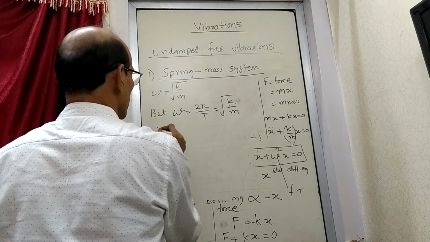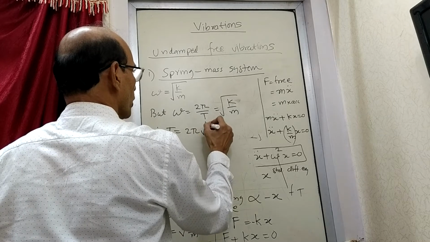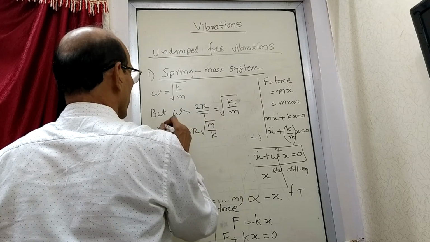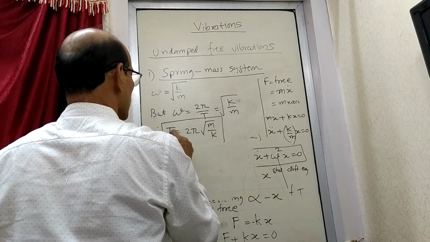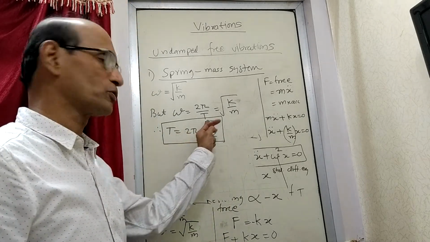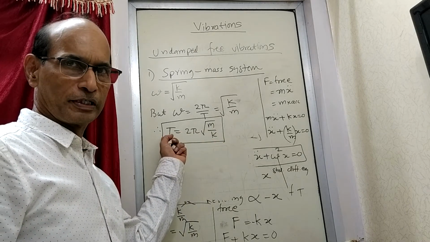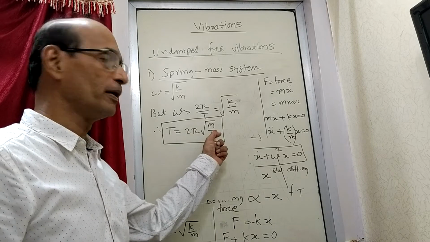Therefore you can say that T is equal to 2 pi square root of m upon k. What this means? T is equal to 2 pi square root of m upon k means that the periodic time T is equal to 2 pi square root of m upon k.